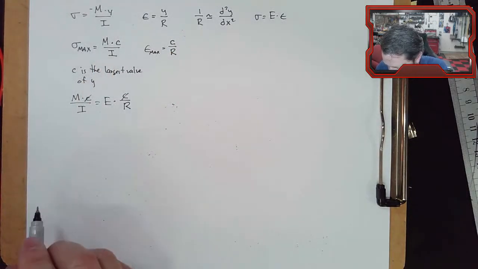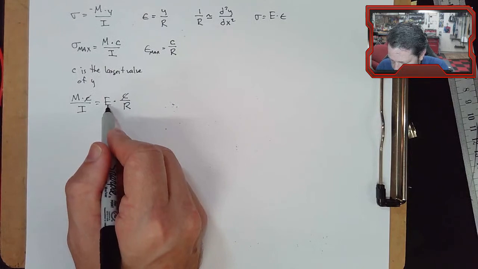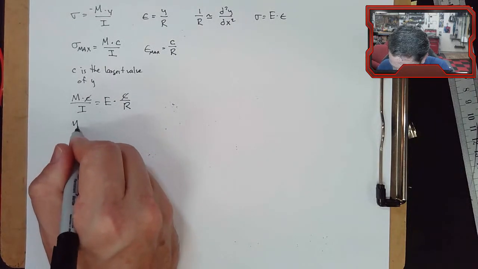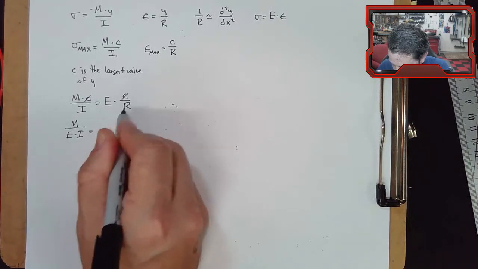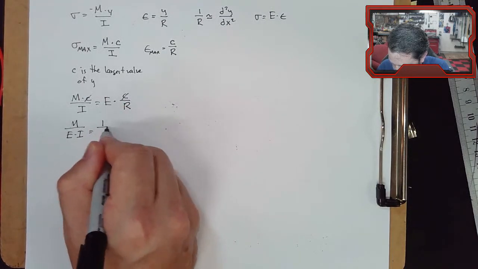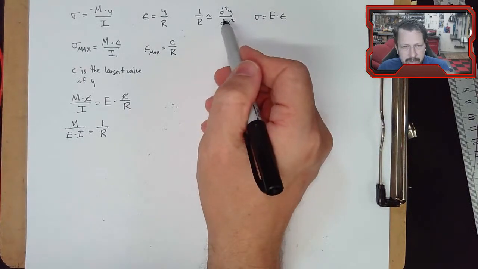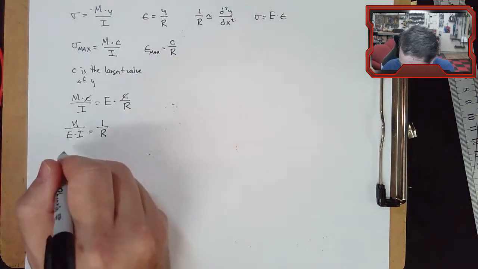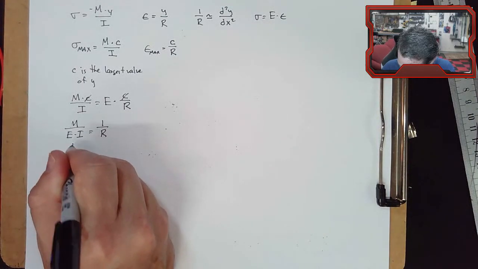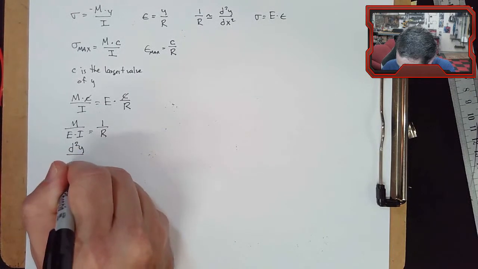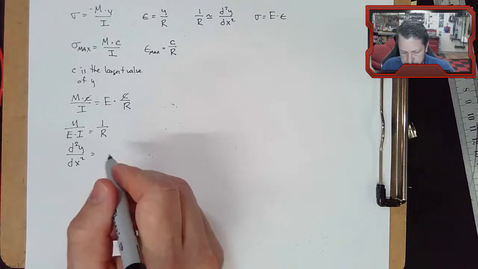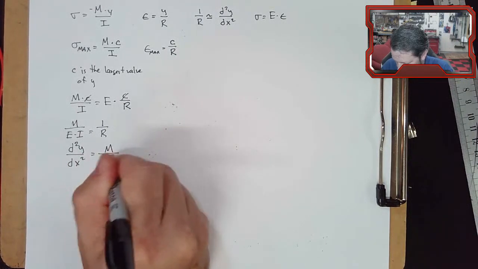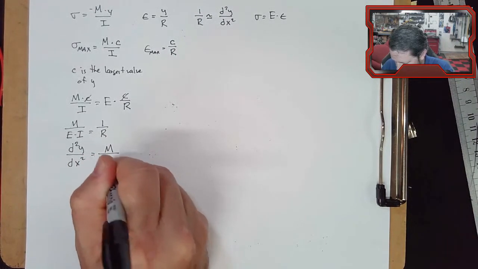They cancel out anyway. If I move this E over, M over EI equals, now I'm left with just 1 over r. 1 over r is this term. So I end up with 1 over r, the second order derivative of y with respect to x, equals M over EI.